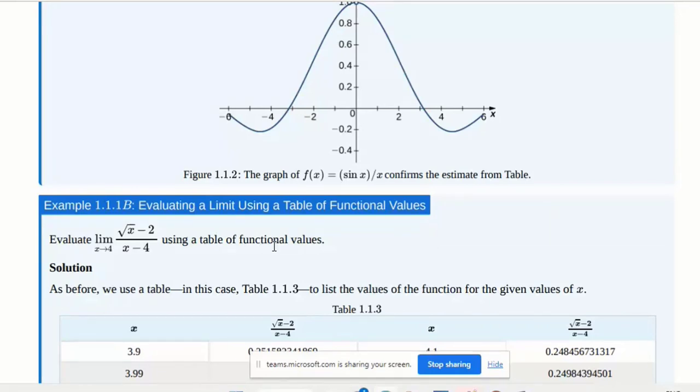Evaluate the limit of the square root of x minus 2, all over x minus 4, as x approaches 4, using a table of functional values.